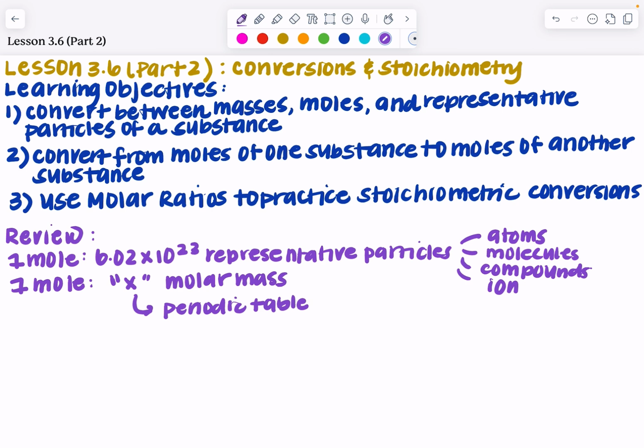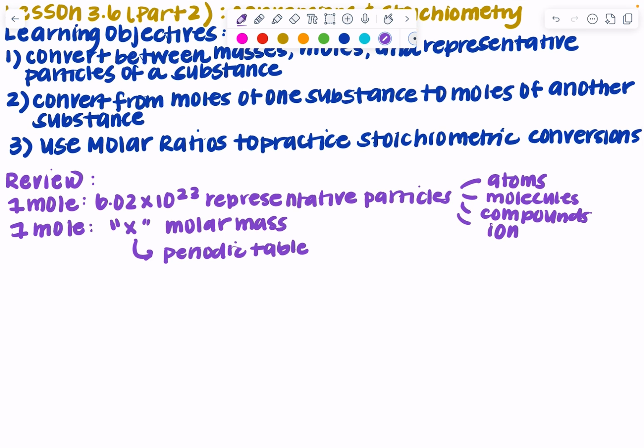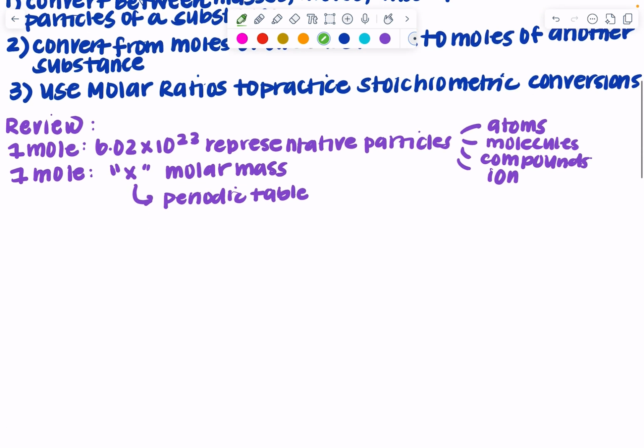With that being said, again, this is all review. I just want to do a few examples of going from moles to mass and moles to particles, or the opposite way around.